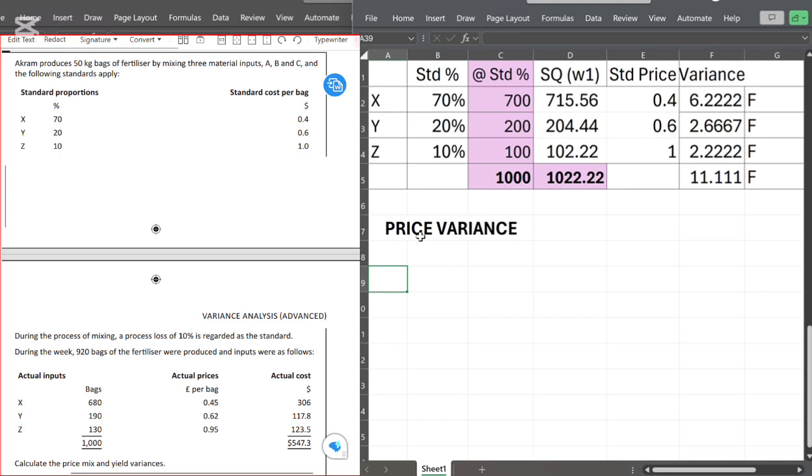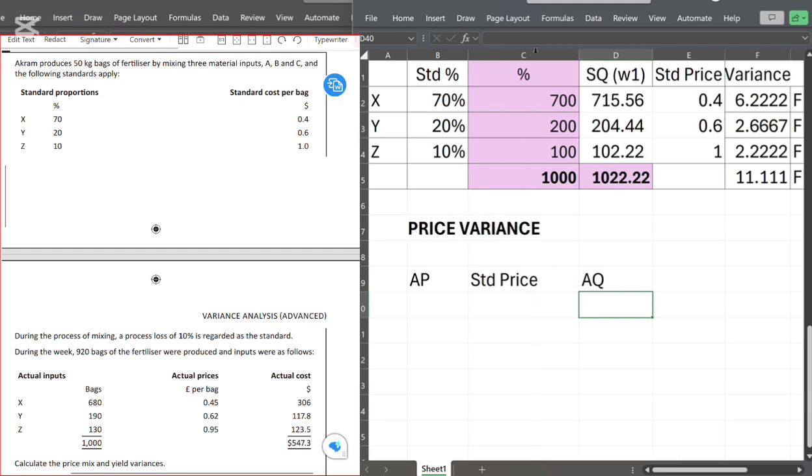So I'm going to be talking about actual price, because that is what I paid, compared with my standard price, which is what I planned to pay, and what I bought, which is the actual quantity. So it's just as simple as that. We need the actual quantity, the standard price and the actual price.